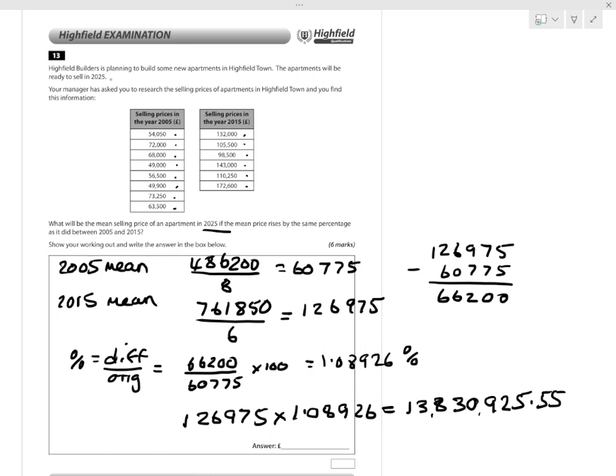It's gone up 1%. It's doubled, isn't it? The difference over the original.